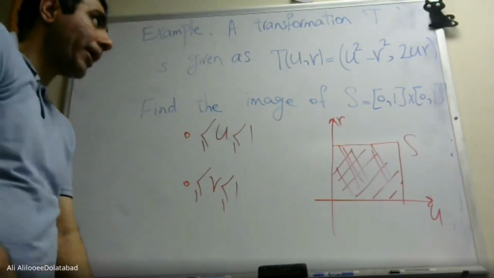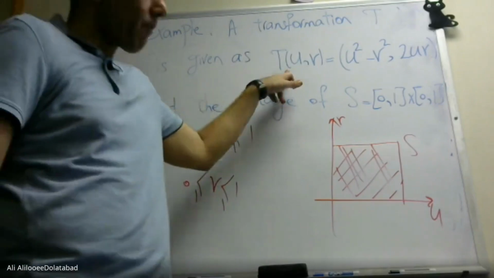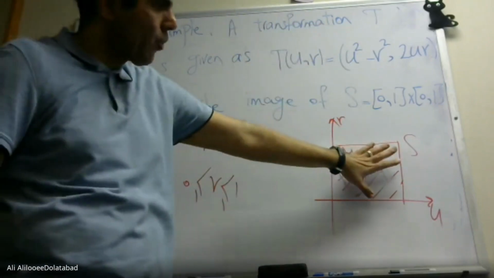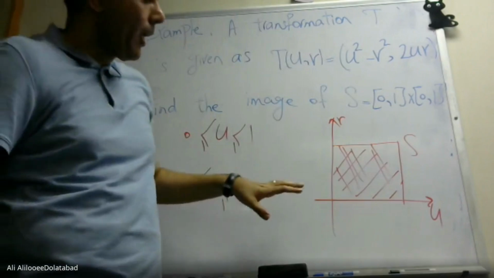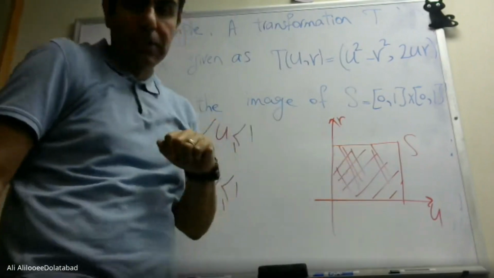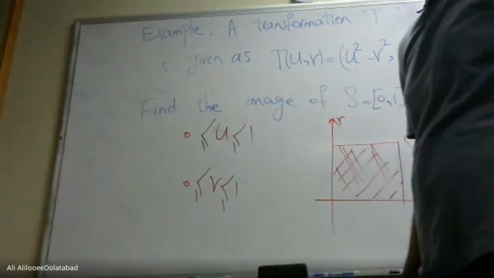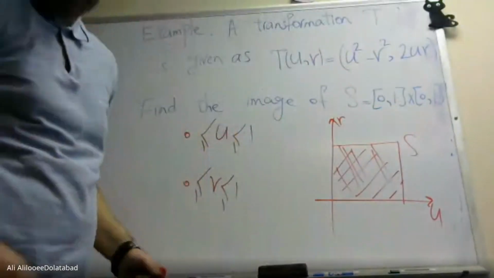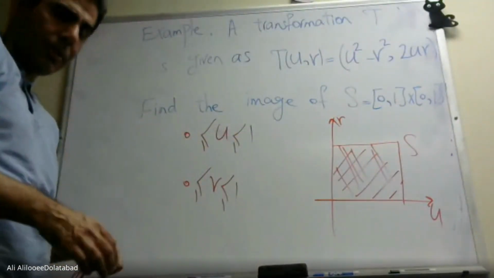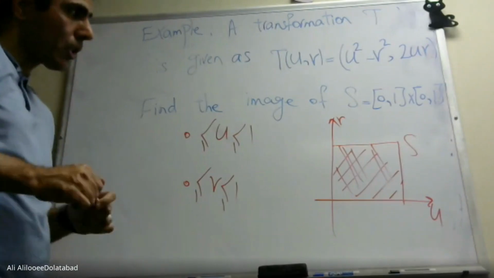Then what is my goal? My goal is to use this transformation and see, if we use this transformation, what is the transformed region for this square? Any question up to now?